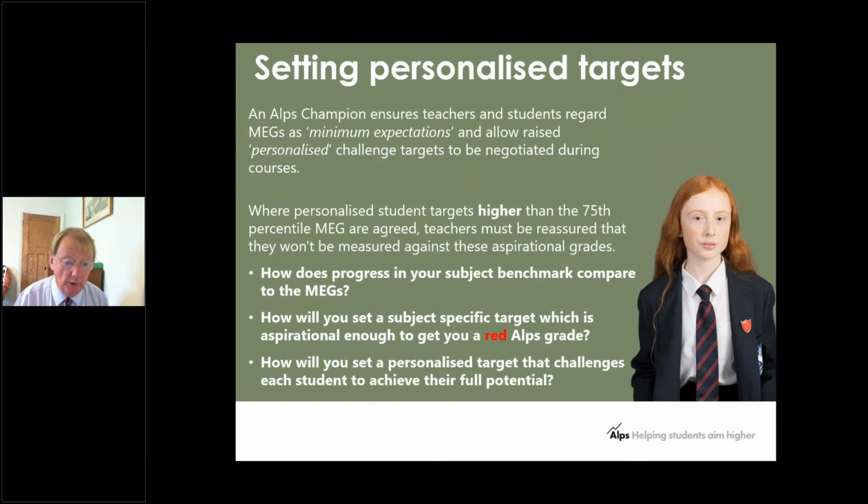You know your young people, you know their attitude, their perseverance, their resilience. You know much more about them than their average GCSE score. And sometimes, of course, the average GCSE score is setting in a specific subject a MEG that is in no shape or form likely to be the best grade that that young person might possibly achieve.